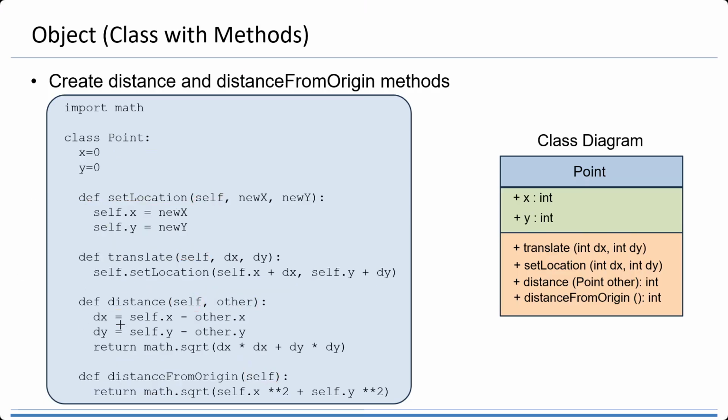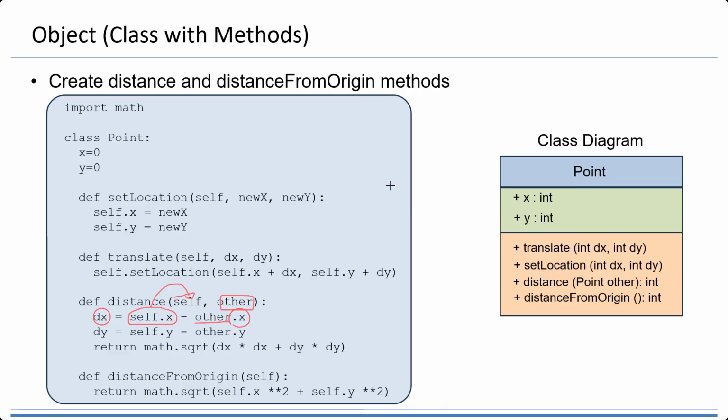And I'm going to check the distance. So I'm using dx. In this case, the delta x is the distance from the self.x, which is the current object, and the other object. The other object means, yeah, you can specify what is the object name. Then I will call the object name dot x.